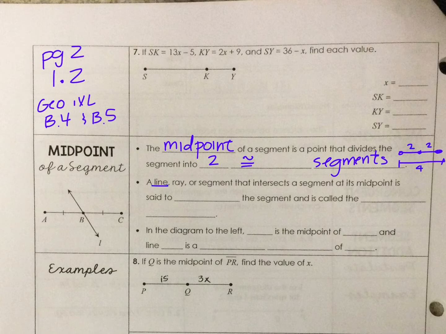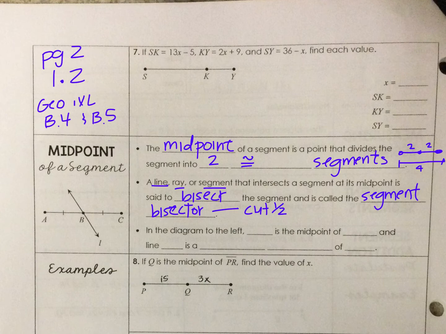A line, ray, or a segment that intersects a segment at its midpoint is said to bisect the segment and is called the segment bisector. Whenever you see the word bisect or bisector in geometry, always think cuts it in half, in perfect half.